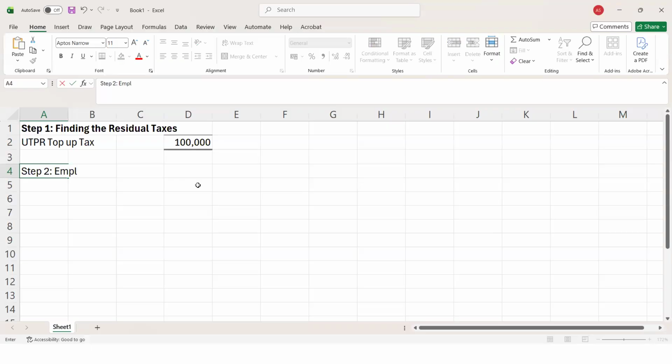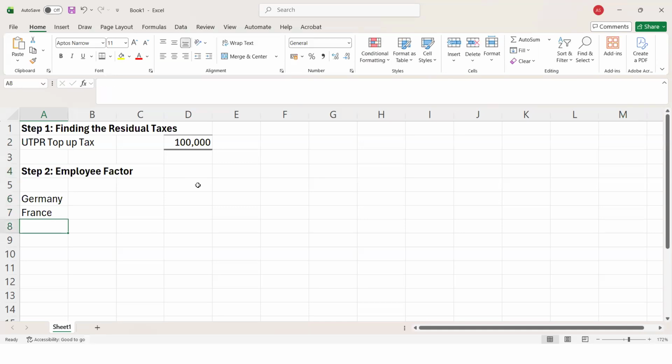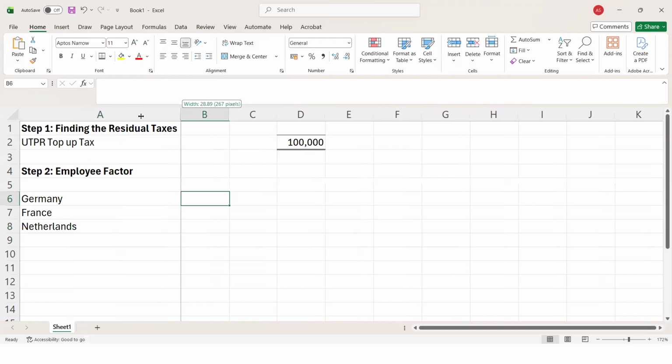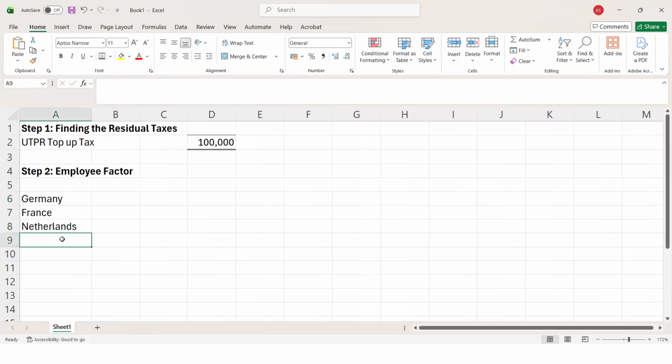Let's find the employee factor, right? So what are the countries involved? Germany, France, Netherlands, and Ireland, right?